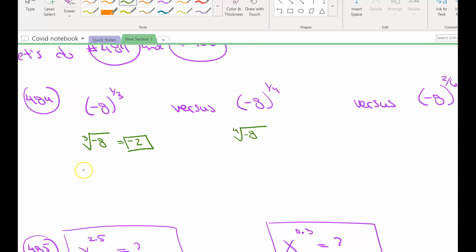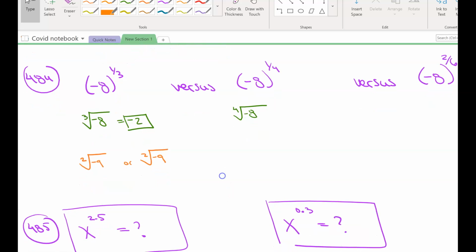One of the things that we talked about is one of the major laws we can't violate, like the square root of -9. And I just picked -9 here just because that's a convenient number, right? The square root of -9, a lot of people, if they're not thinking, will say, oh, it's just -3.